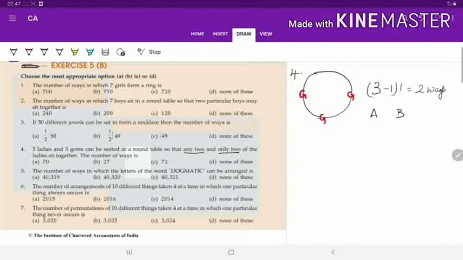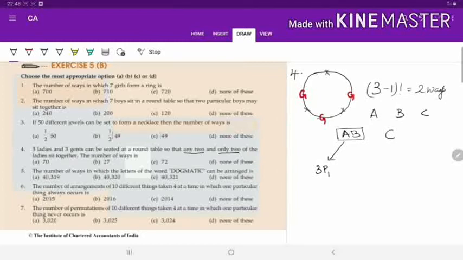Now, let us consider the ladies. There are 3 ladies and let us name them A, B and C. Here, let us assume that A and B are sitting together and C is sitting alone. Then A and B can occupy 3 slots like this. So they can occupy these 3 slots in 3P1 ways.